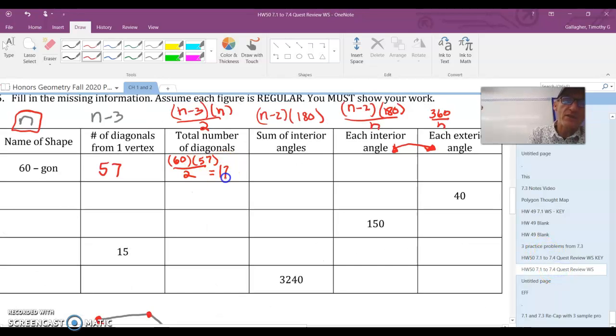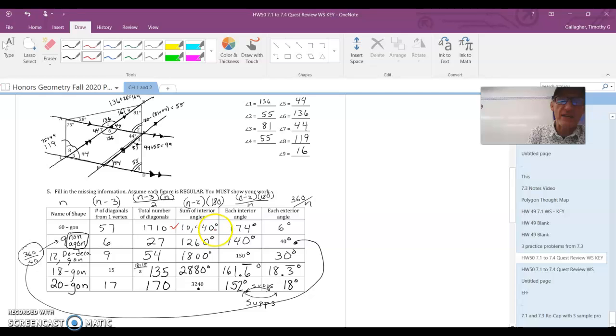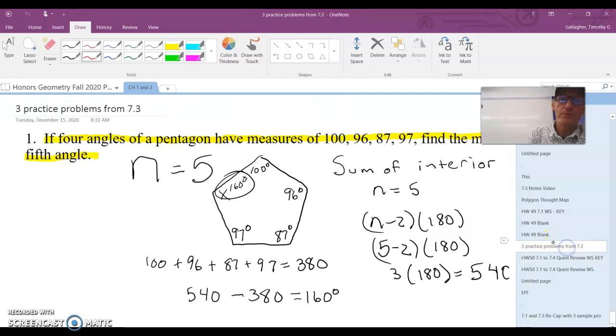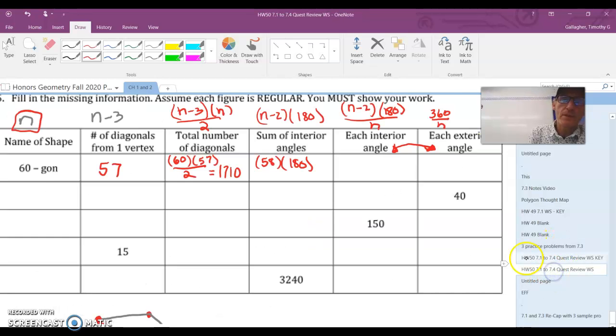The sum of the interior angles is 58 times 180. And that number is 10,440 degrees. So if I added up all the interior angles of a 60-sided polygon, I would get 10,440.